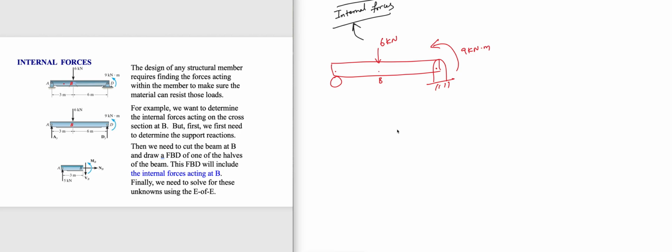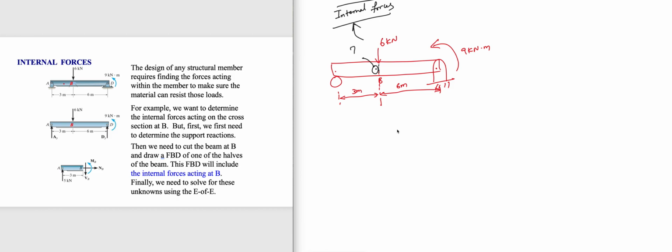So if the question is, what is happening to a point at B? Now at B there is a discrepancy. That means exactly at B, you have a 6 kilonewton force, but slightly to the left of B, what is happening?